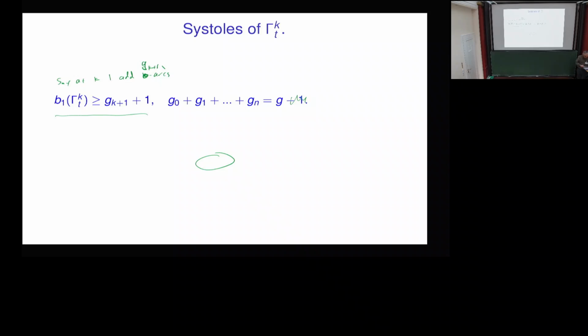And if I sum up over all levels, I get g. So this is what will allow me to bound the complexity of these graphs. Remember, g is a very big number.